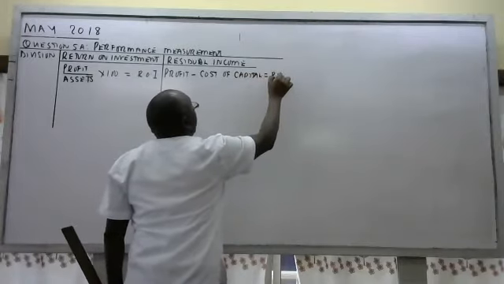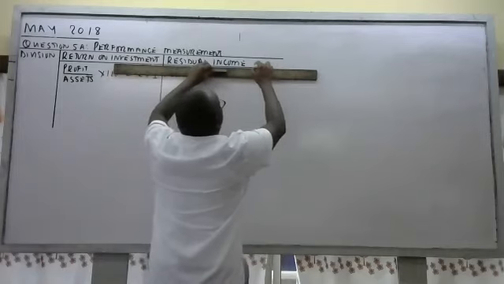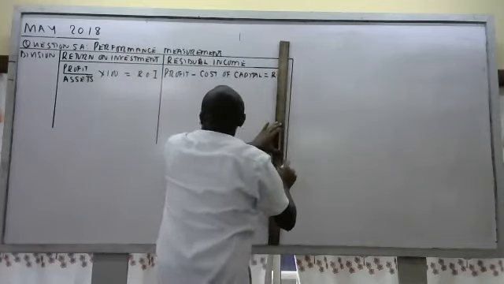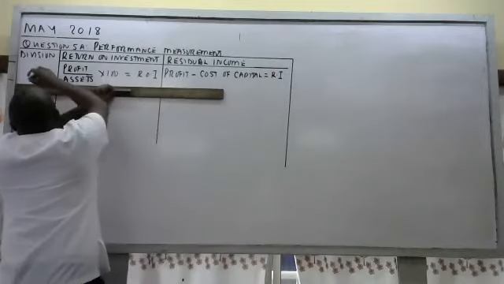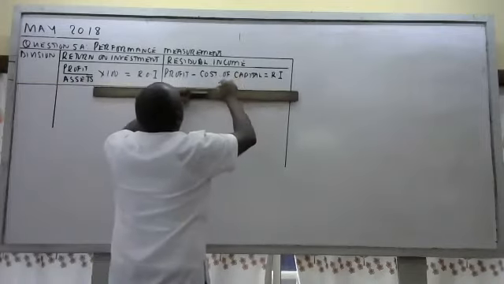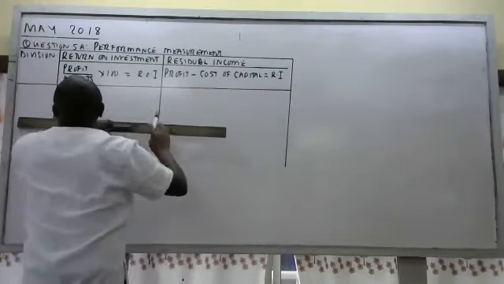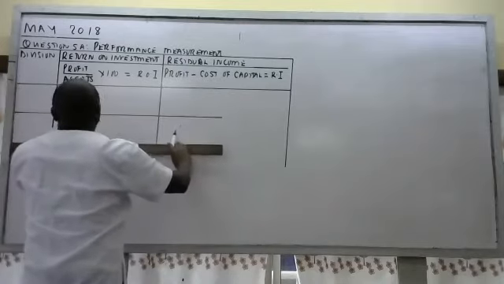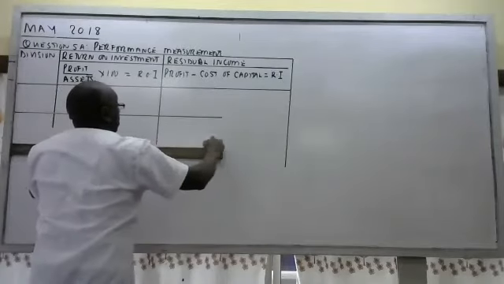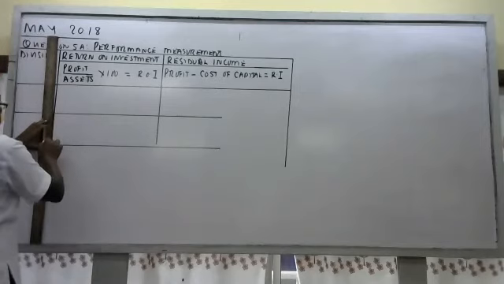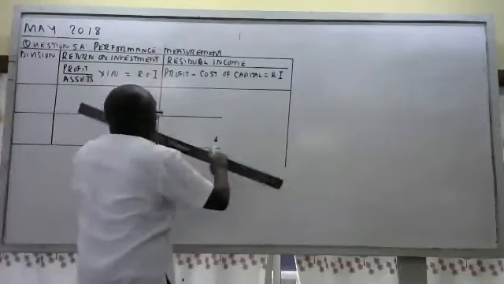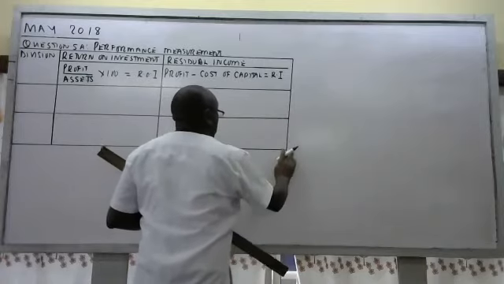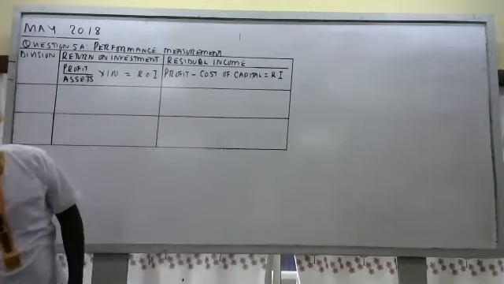That gives us what we call RI. So design a table like that.